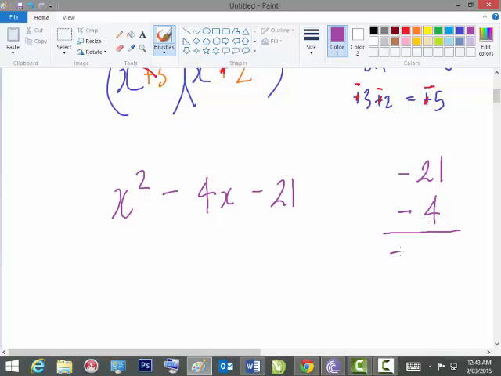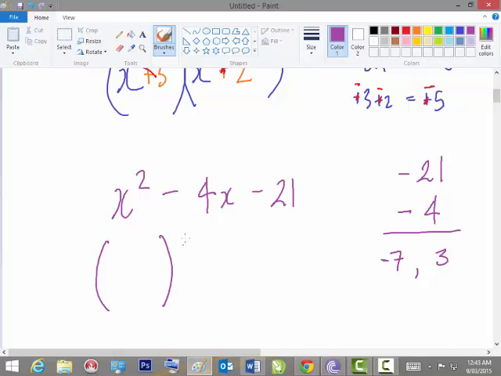In this case, I know that 7 and 3 will give me 21 if multiplied together. One of them has to be negative. Which one is it? In this case, it has to be the negative 7, because I've got here negative 4. Negative 7 plus 3 gives me negative 4. So that's the answer. So that's solved.